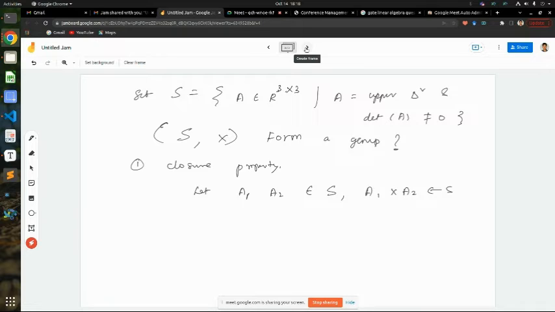Intuitively, you cannot produce a zero by multiplying two elements that are non-zero. However, you can produce a zero by adding two elements that are non-zero. With multiplication, it is not really straightforward. That is why the closure property is satisfied.